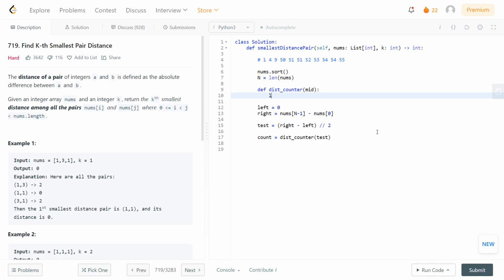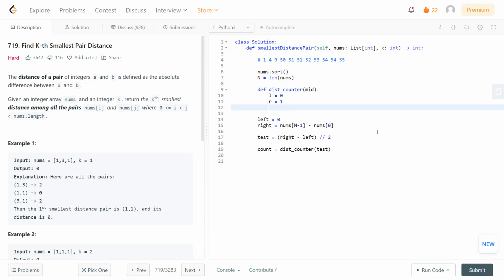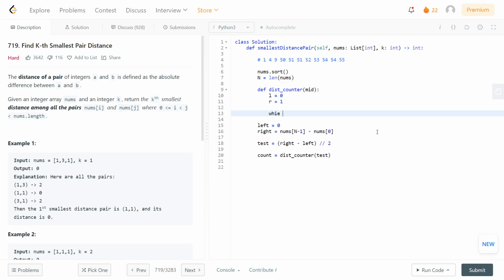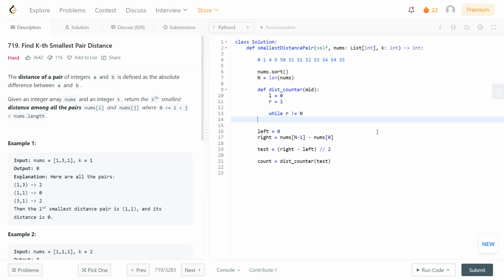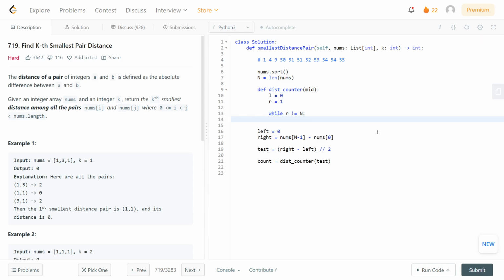And we need left equal to 0, right equal to 1. And while right is not equal to n, yeah, I think it should be good.